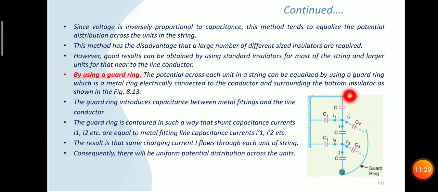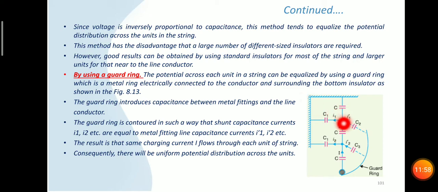So here C is the self or mutual capacitance, C1 is the shunt capacitance, and there is another capacitance C2 between the insulator and the guard ring. The capacitance value or the distance of the guard ring is selected so that I2 dash will be the same as I2, and I1 dash will be the same as I1.